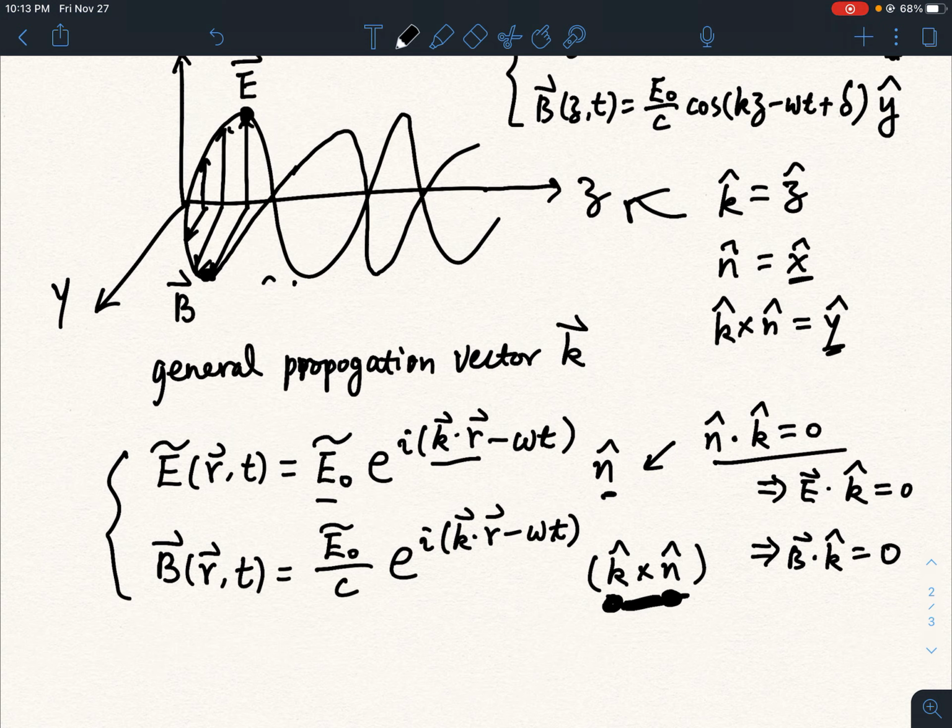So this one we also have 0 there, which really means E and B are both transverse. That is what we have just for a wave propagating in a general direction, not just along the z direction.